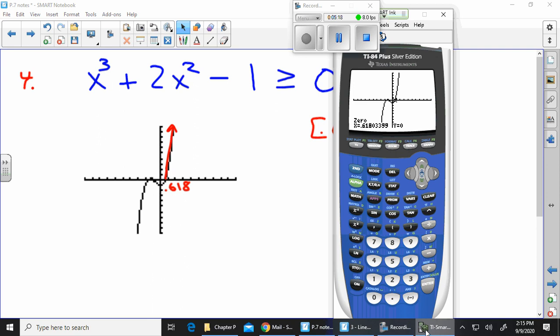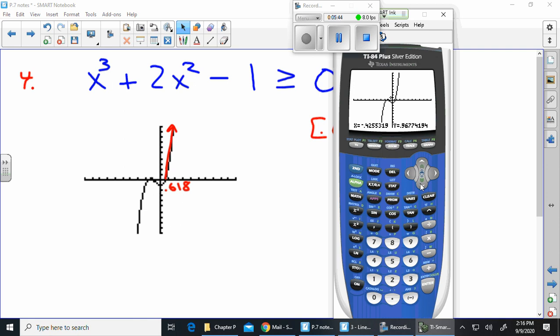So what we do with that is I'll teach you how to use something called Zoom Box. If you press Zoom, it's number 1. Now, Zoom Box, this little cursor, you can see it moving around. You want to go to the top right corner of what you want to investigate.